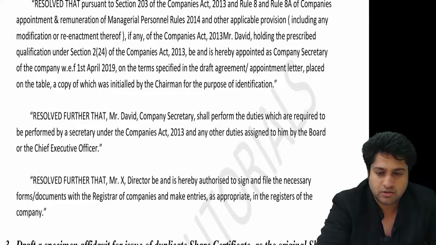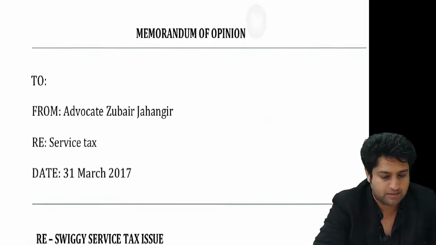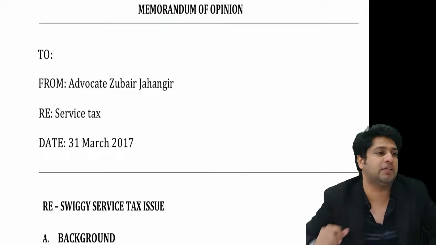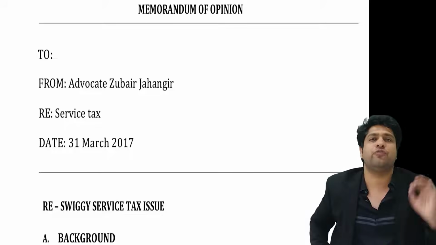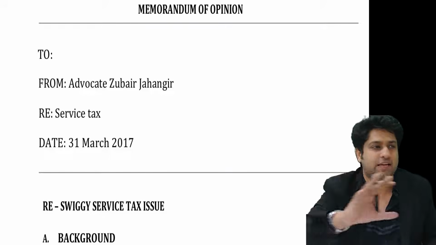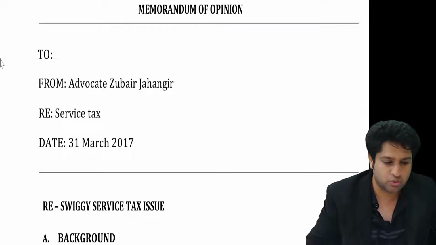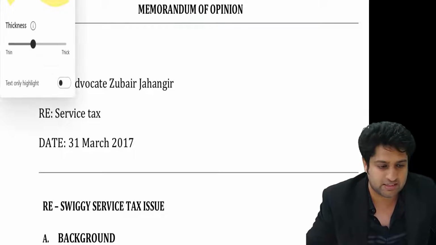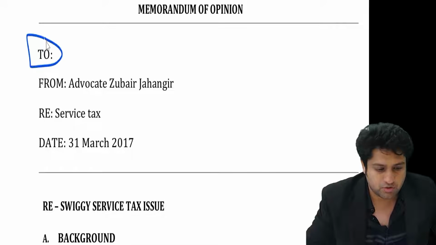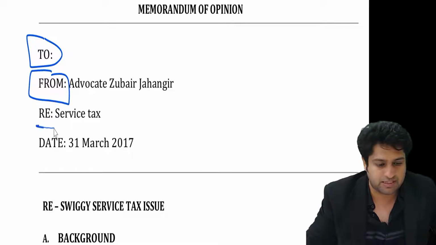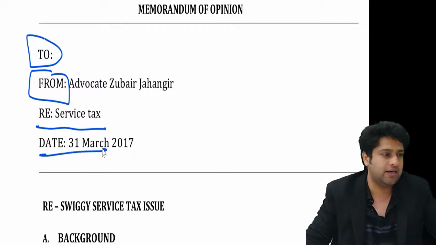Okay, so the format, how it is. Now pay attention. First you write, you can just take the format of a memorandum of opinion to whichever company you are sending it to, from. Then you tell what the subject is regarding, and the date.